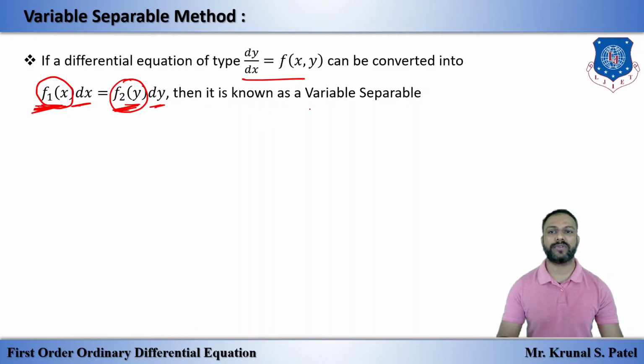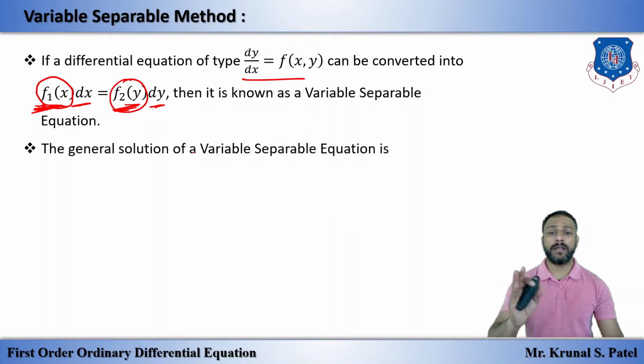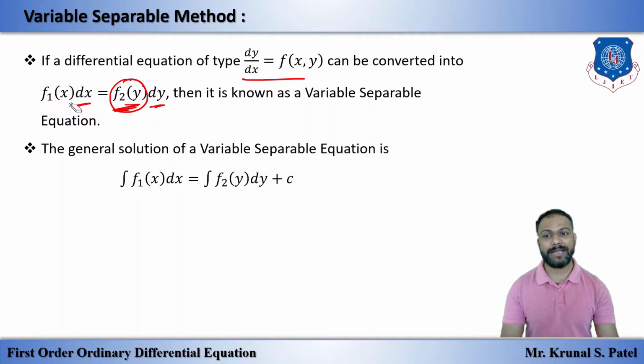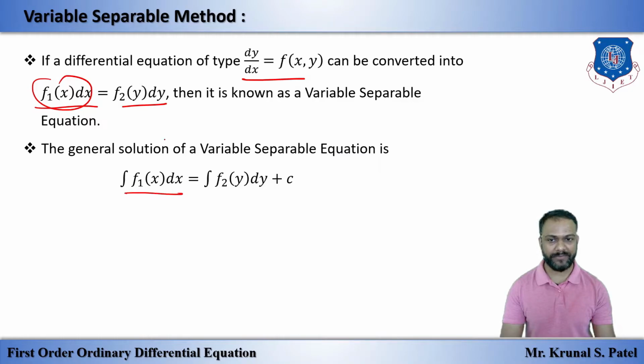This type of differential equation is known as the variable separable method. The general solution of variable separable is given like this: just by separating the variables, you integrate both sides. Integration of this on the left hand side, integration of this on the right hand side, plus c.